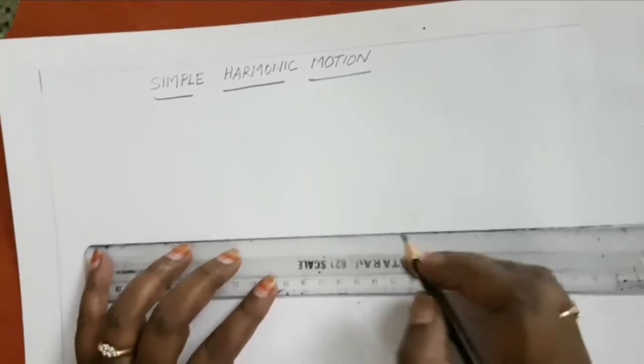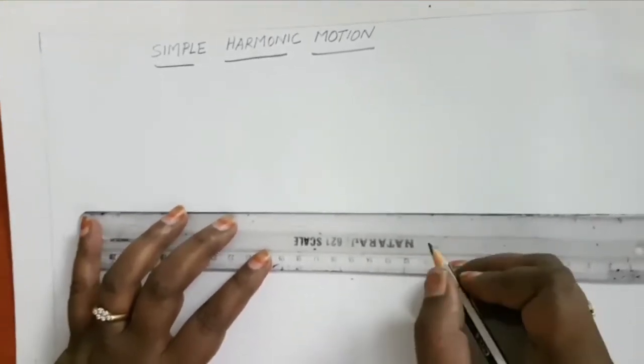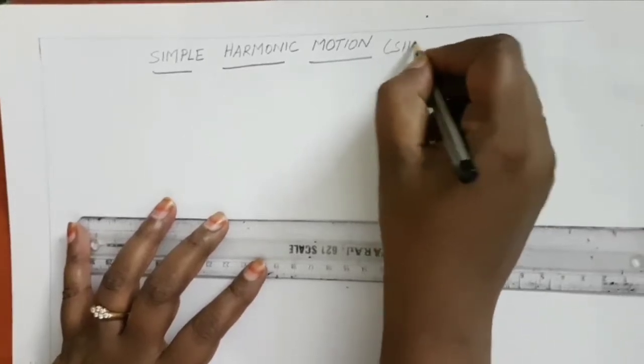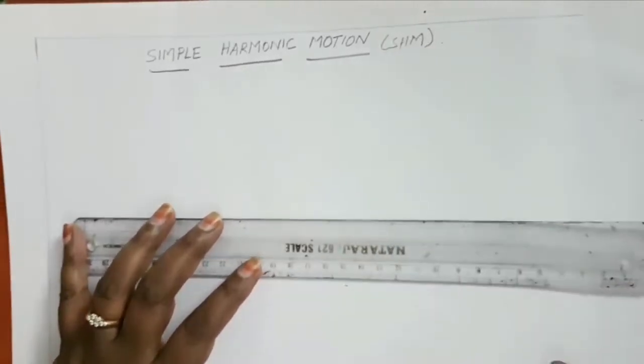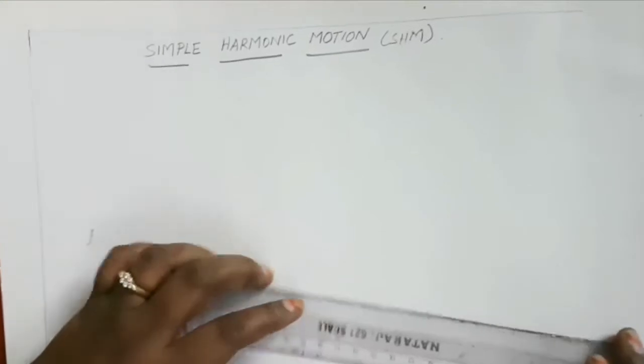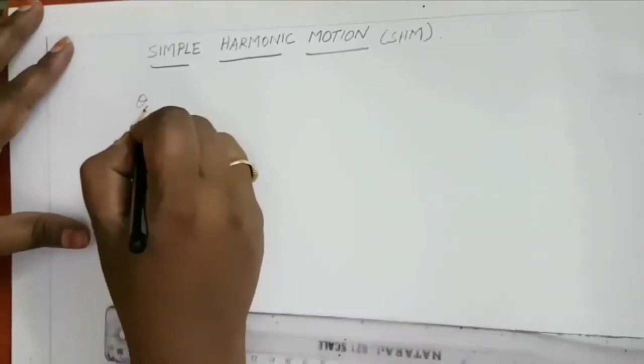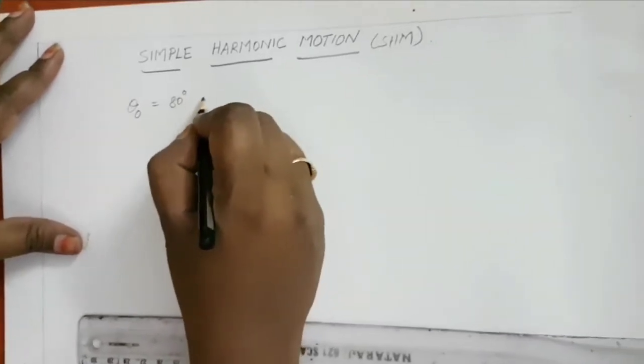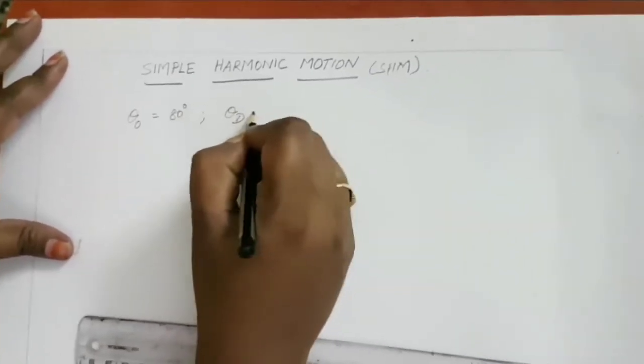Now I'll explain the third type of motion of the follower, simple harmonic motion, SHM. For example, if I take theta O as 80 degrees, then it takes theta D of 90 degrees.